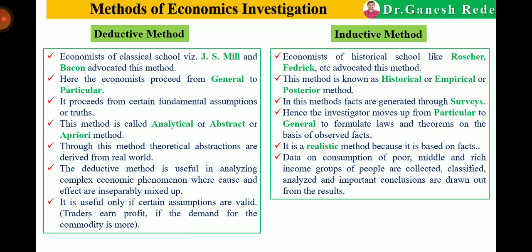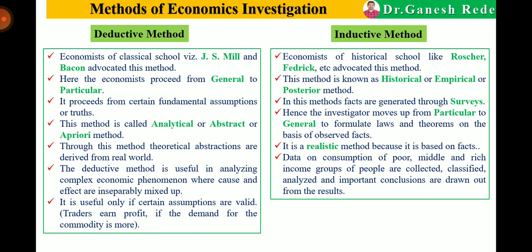Now, the deductive method is also known as the analytical method, abstract method or a priori method. Why a priori, abstract or analytical? Because in the deductive method we draw the conclusion, coming from general to particular, that is the abstract, the main summary.